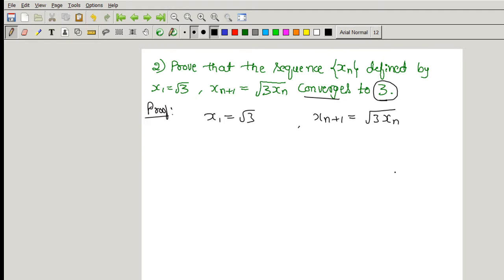In this, put n is equal to 1, we will obtain the second term. Put n is equal to 2, we will obtain the third term. So put n is equal to 1, we have x2 is equal to root of 3 into root 3.